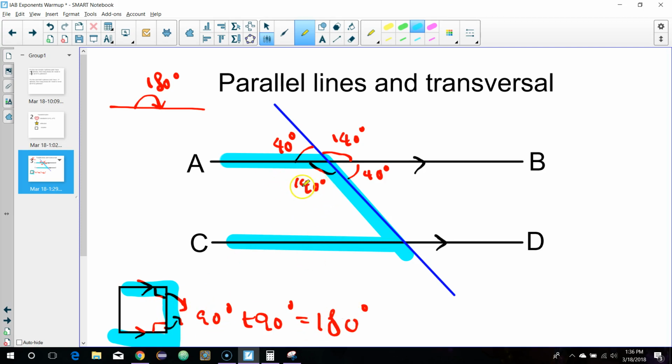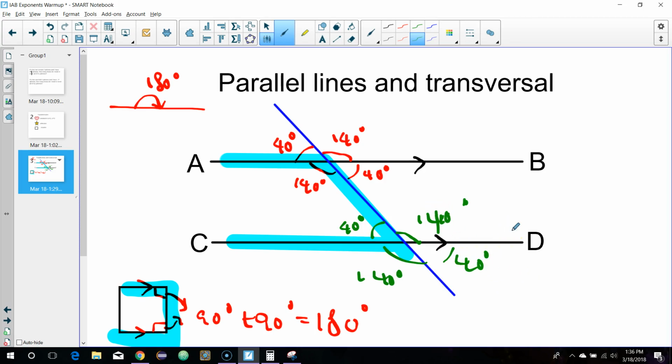That means this 140 is going to add to another thing, which will form 180. So that has to be 40 degrees. Magic. These two are the same. So once you find that 40, the rest of it is very easy, just like what we did. That's going to be 140. That's going to be 40. That's going to be 140. Okay, I know my handwriting is not great, so don't complain.